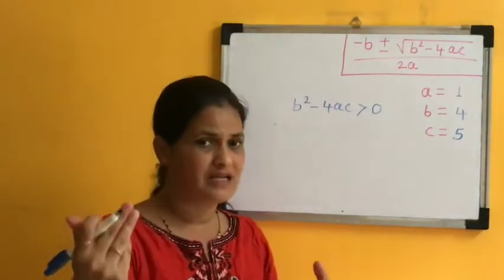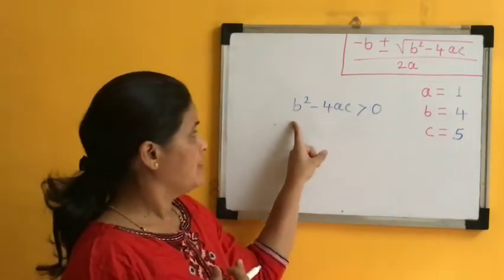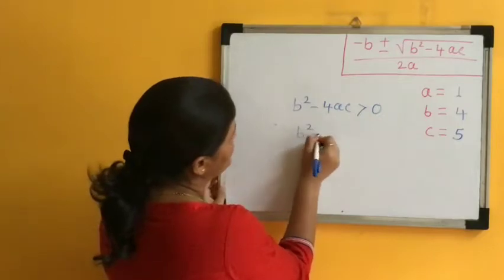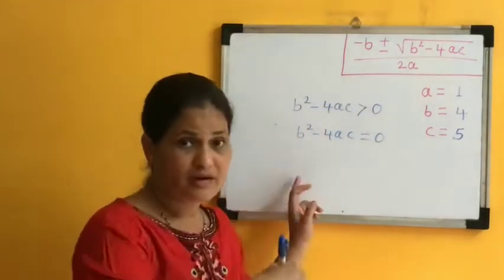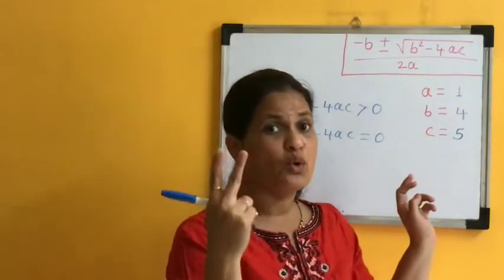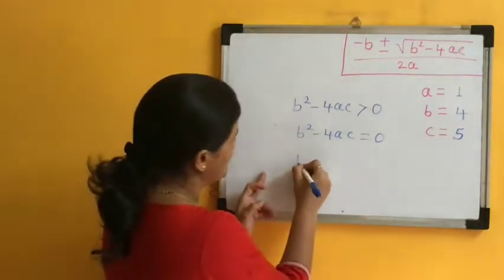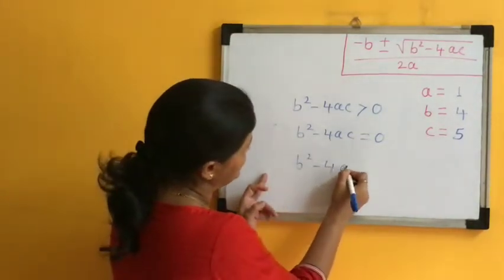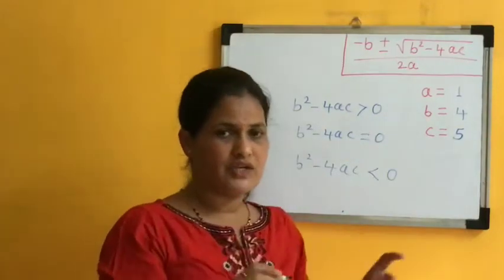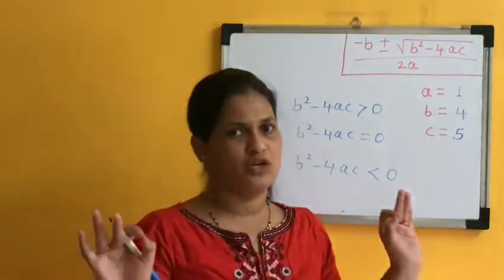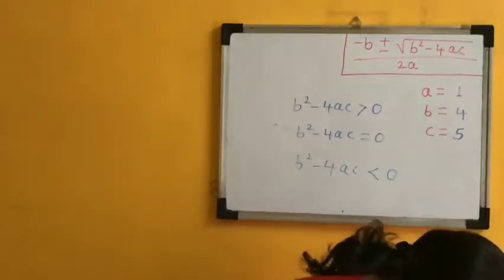Like in the previous example we saw 1 or 2 by 3. If b square minus 4ac equals to 0, the given quadratic equation will have two equal roots. And if b square minus 4ac is less than 0, the given quadratic equation will not have real roots, like in the example we have seen just now.